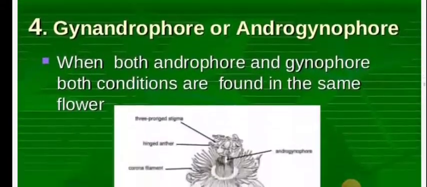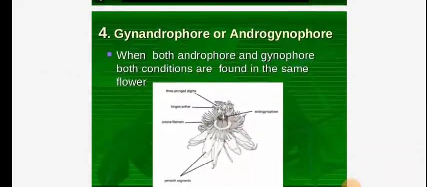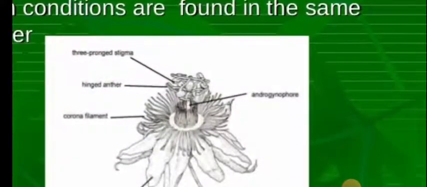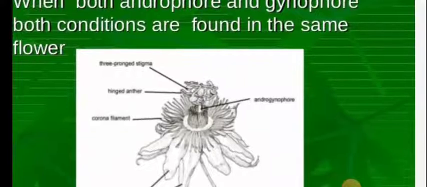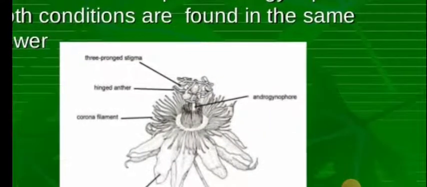Then gynandrophore. I think you all know examples like Krishna Kamal. Here you are observing three parts: androphore is there, gynophore is there, and corona.